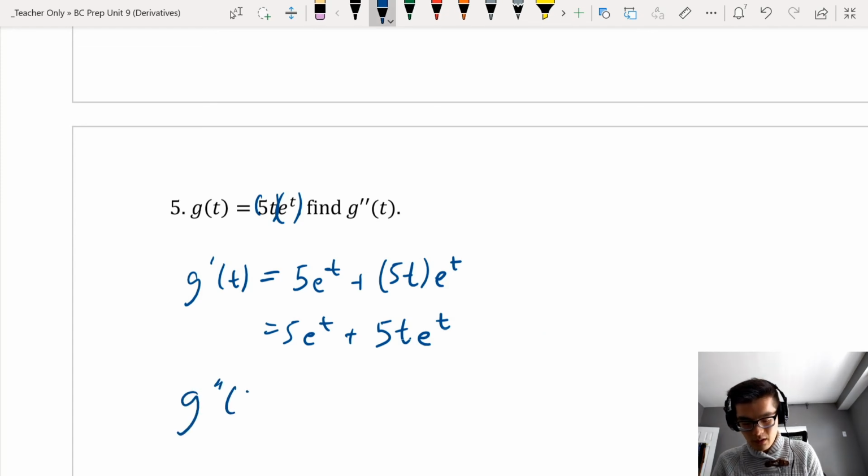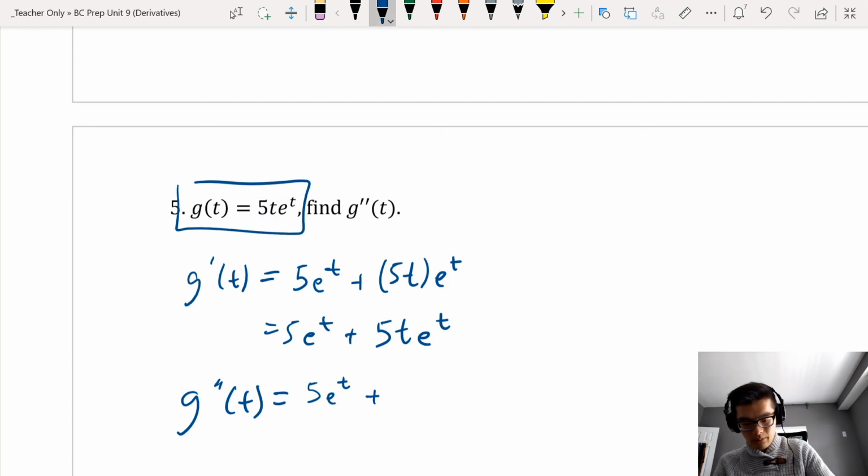G double prime of t, second derivative, is going to be first one, so that's just going to be 5 e to the t plus. And you've already figured out that the derivative of g of t, so the derivative of this whole thing right here, becomes this. So I'm going to cheat a little bit. We know that this, when you derive it, becomes this.